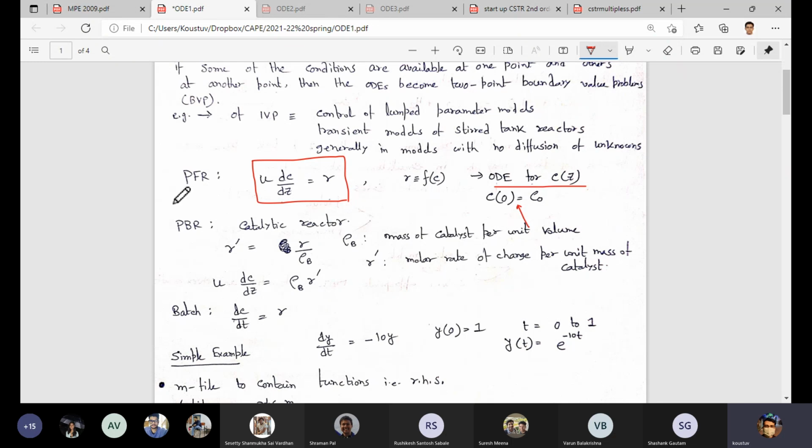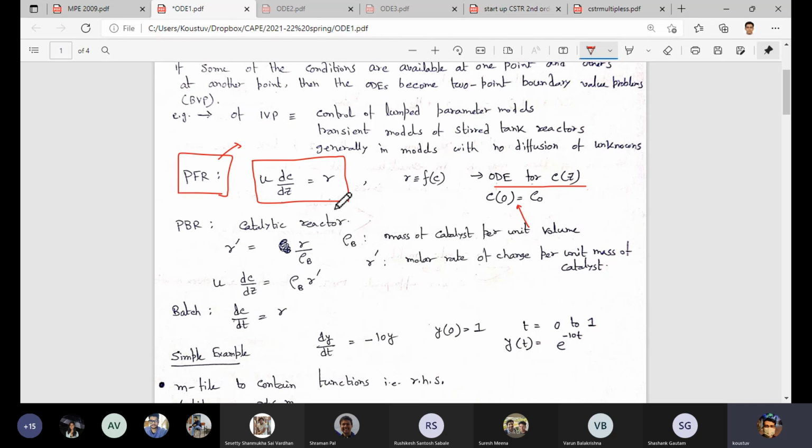That means homogeneous reactions are occurring, no catalyst, no solid part. If it is a catalytic reactor, then the rate is changed, and instead of R, we have R dashed, where rho b is expressed in terms of mass of catalyst. So in case of homogeneous, as you all know, the reaction rate is expressed per unit reactor volume, or volume of the fluid.